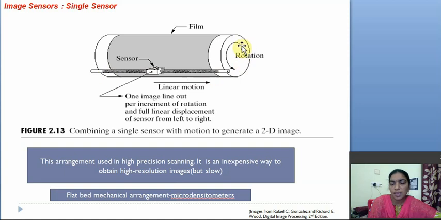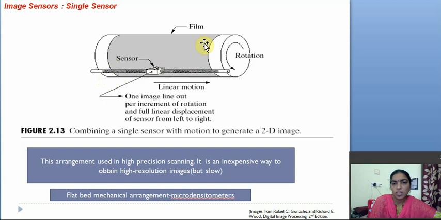After 10 seconds it moves one step like this. That one step is some predefined distance. At that position, the sensor goes back and starts the same activity again: it reads the light energy and converts that into electrical energy, like that.